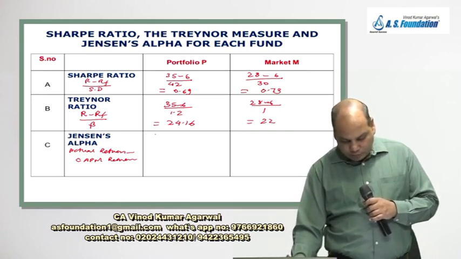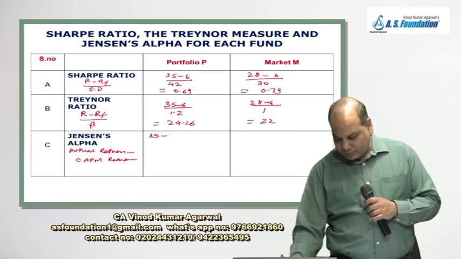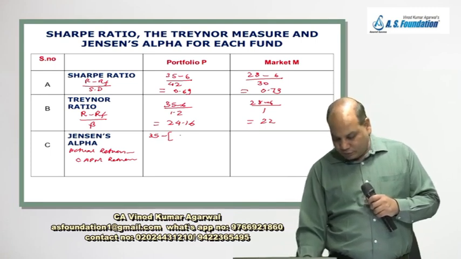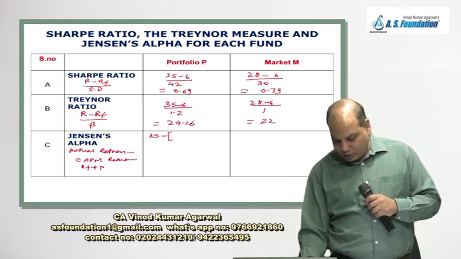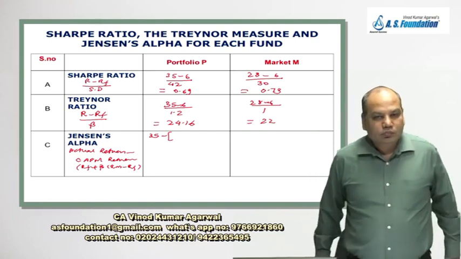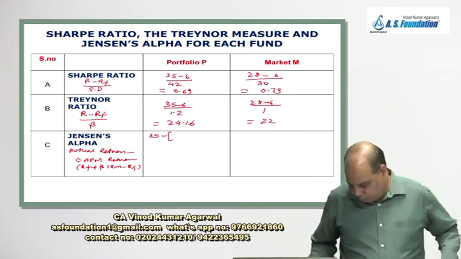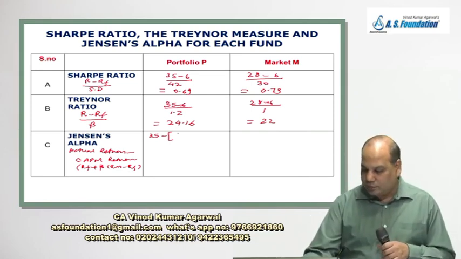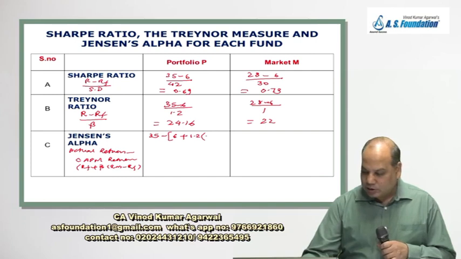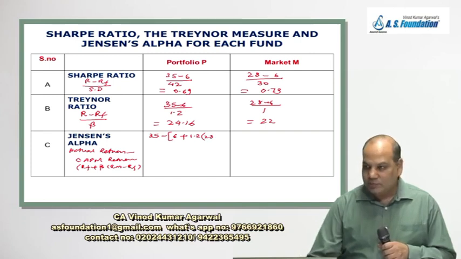What is the actual return of the portfolio? 35, minus the CAPM return, which is RF plus beta into RM minus RF. This is the CAPM return. What is the RF here? 6. What is beta? What is RM, the return of market? 28, given on the second column, first line.